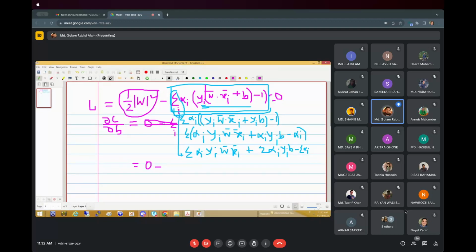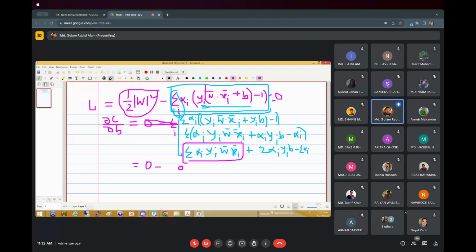In this case, we are taking the derivative with respect to B. There is no B in this section. So all these are just constant. So that means we will get here just 0.